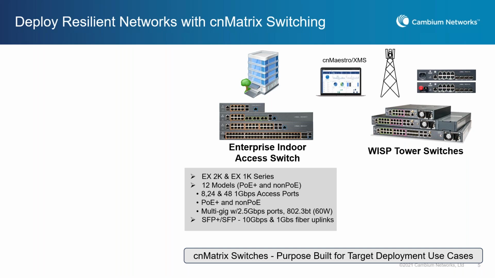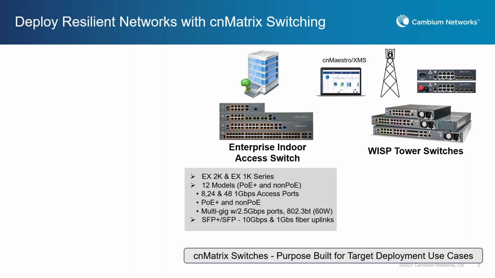I'll touch on that in a little bit, but we have 12 models. 8-port models, 24-port models, 48-port models. We have PoE versions and non-PoE versions as well. We also have a switch that is multi-gig. It's an interesting configuration. It's a hybrid configuration. Not every device on your network needs 2.5 gig.